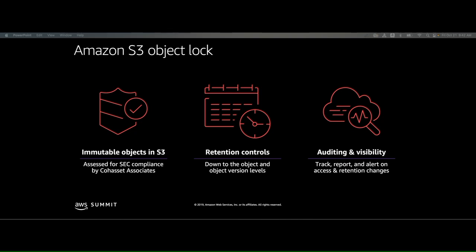A legal hold provides the same protection as a retention period, but it has no expiration date. Instead, a legal hold remains in place until you explicitly remove it. In the case of retention, it just expires after a certain period. With legal hold, you can have it there indefinitely until you explicitly remove the hold.